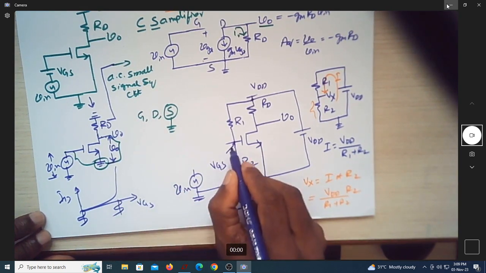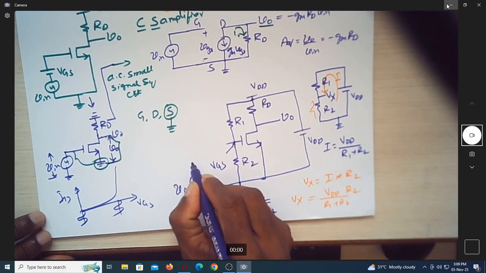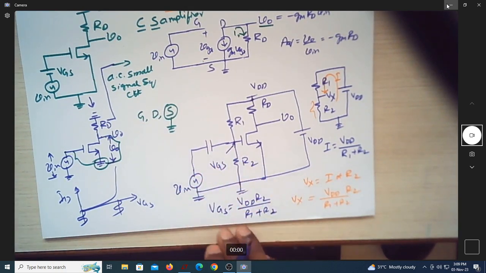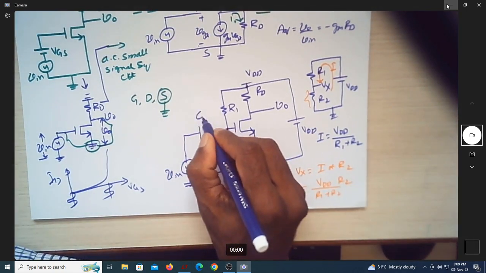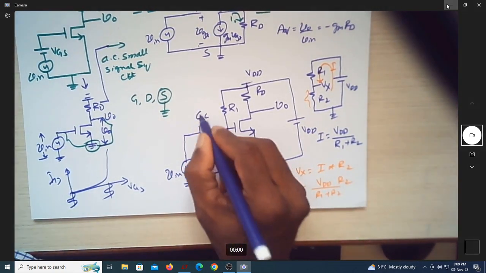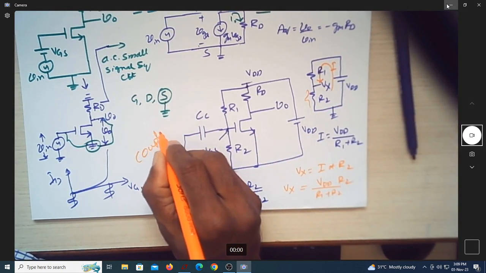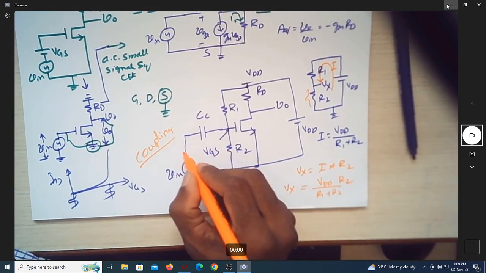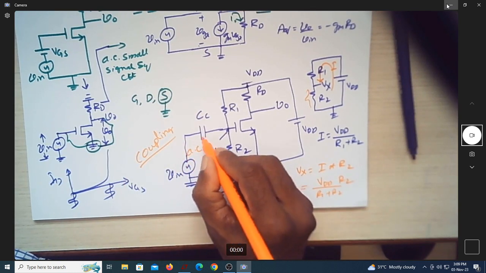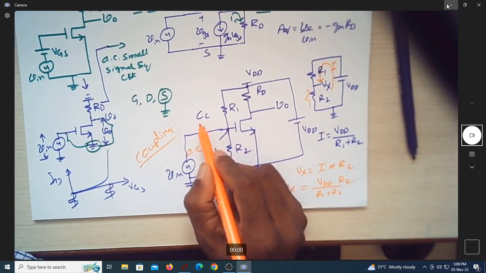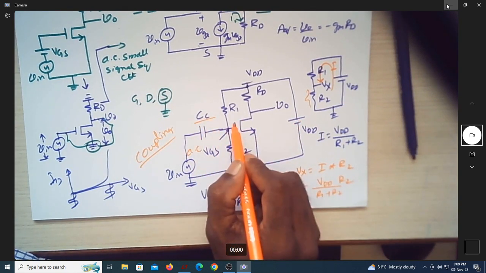For that I will couple it using a coupling capacitor, which I will name CC. The suffix C corresponds to coupling. What are you coupling? You are coupling the AC signal to the amplifier. That's why this capacitor is called a coupling capacitor.